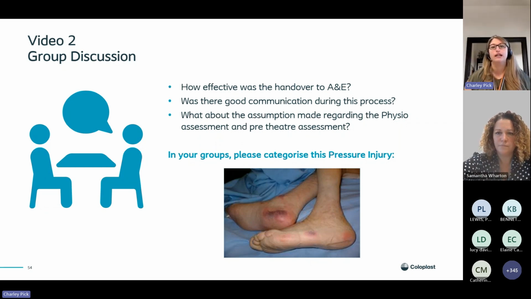And that's where those 3 little words come in handy: if it's red and non-blanching, actually, we've got a category 1 pressure ulcer here. But if it's leaking, we know that's at least a category 2 pressure ulcer, if not potentially a 3, because intact skin doesn't leak, does it? She has to have had a break in the skin for it to leak. And that's why they then started putting those dressings on.